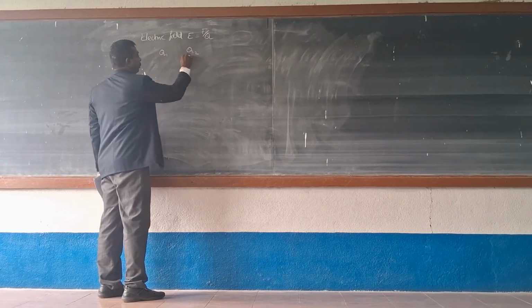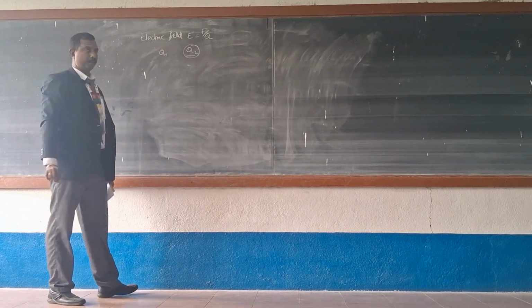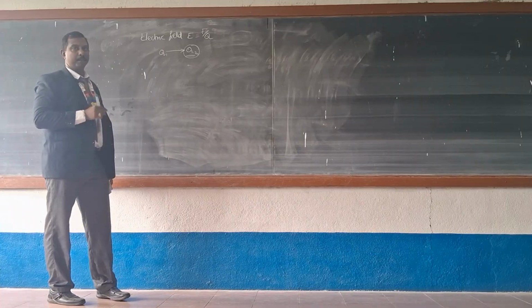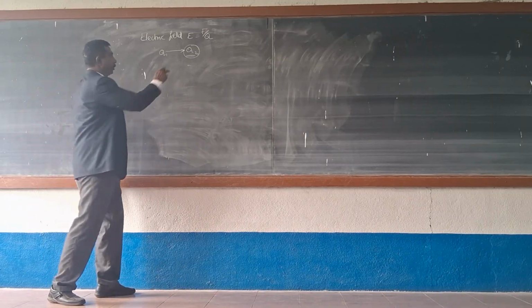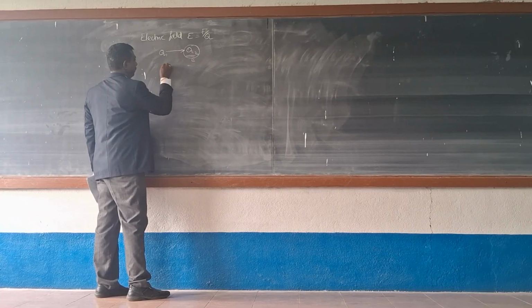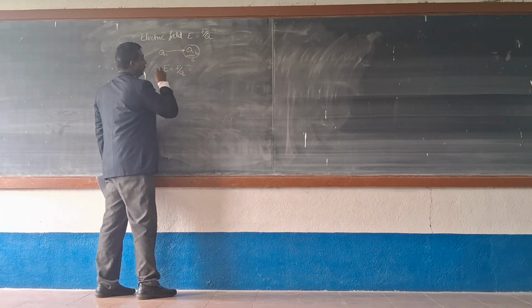Now I am going to find the electric field at charge Q2. Q1 is exerting force on Q2, right? The formula becomes, we know E equal to F by Q. We know the formula for F, right?